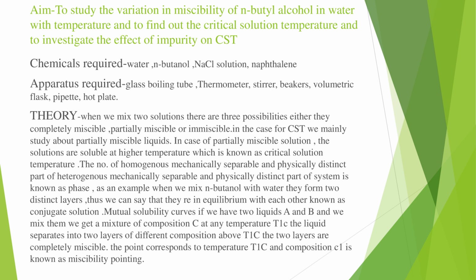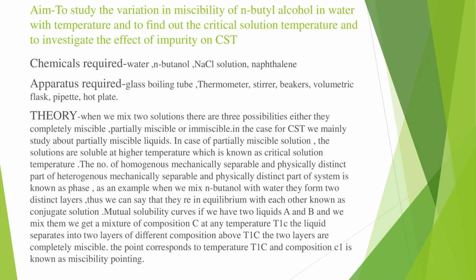The theory of this experiment is that when we mix two liquids, there are only three possibilities: they are completely miscible, partially miscible, or immiscible. In the case of CST, we mainly study partially miscible liquids, because they become miscible at high temperature.